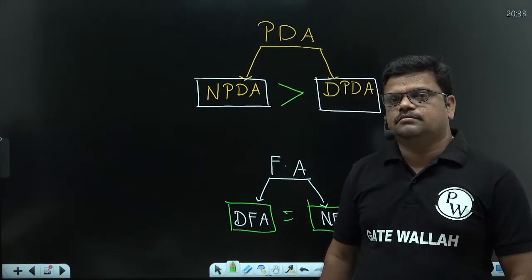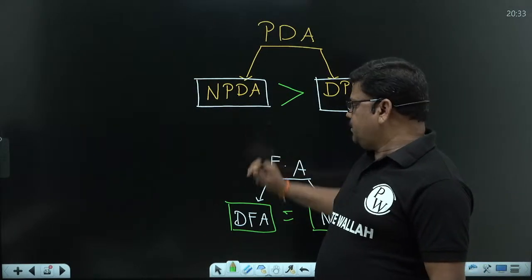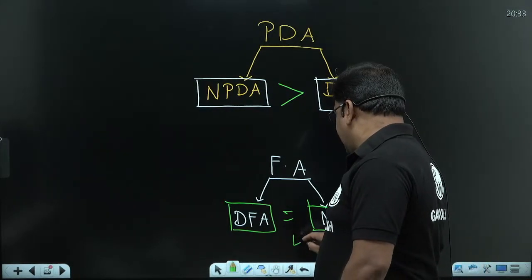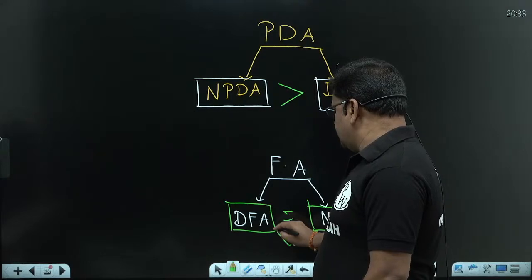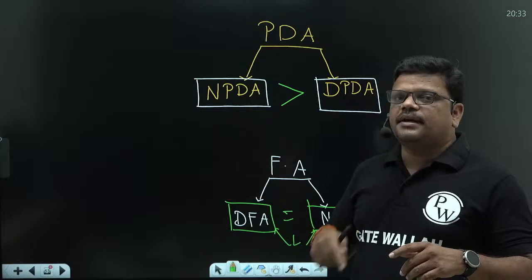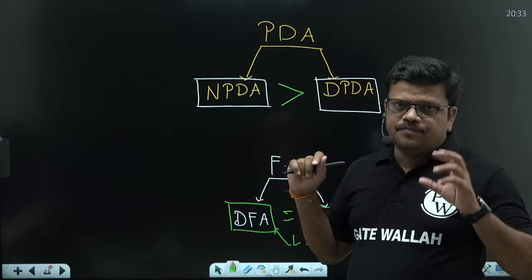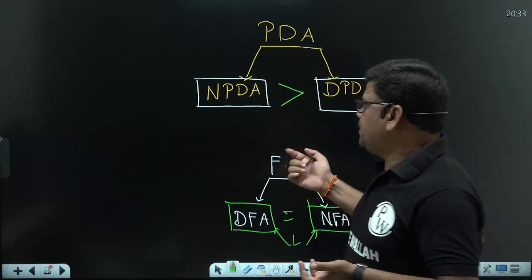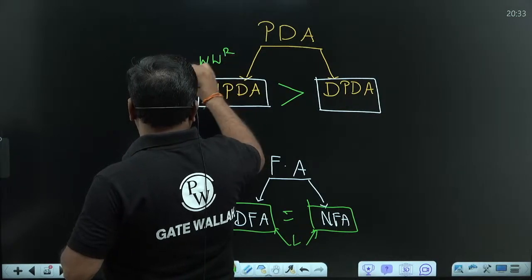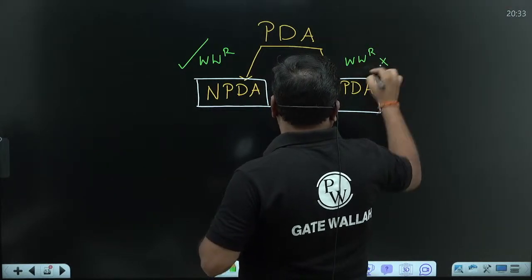If a language is accepted by an NFA, it is also accepted by a DFA. If a language is accepted by one machine, it is accepted by the other machine in the finite automata case. But that situation is not there in pushdown automata. There are some languages which are accepted by, I will give an example, the language WW power R, which is accepted by NPDA, but WW power R is not accepted by DPDA, deterministic PDA.